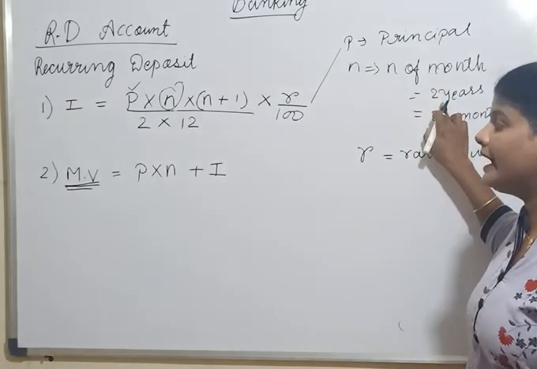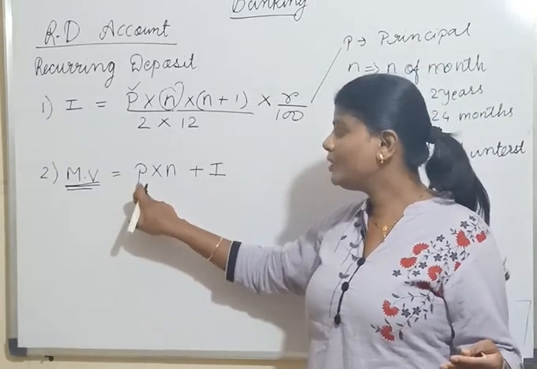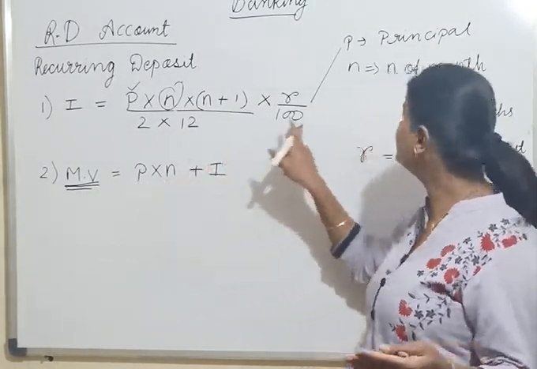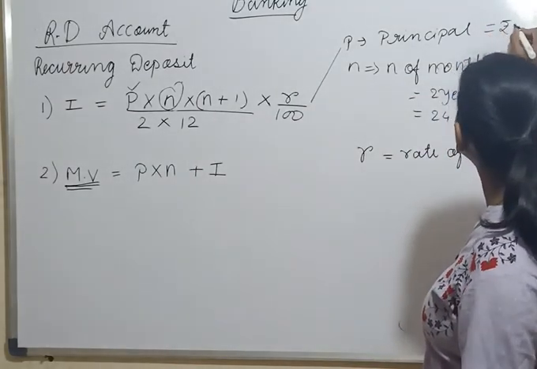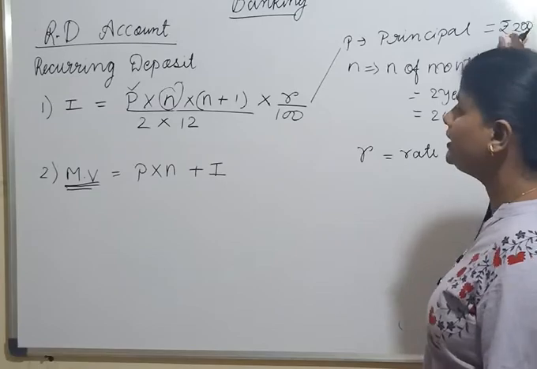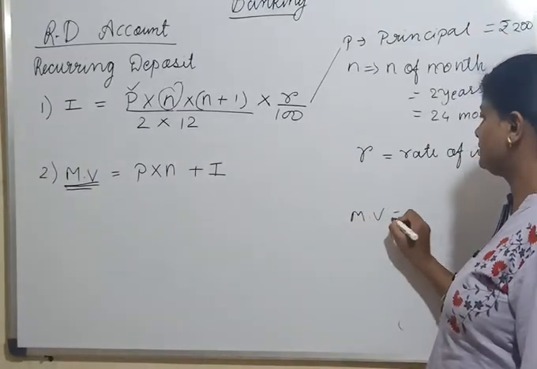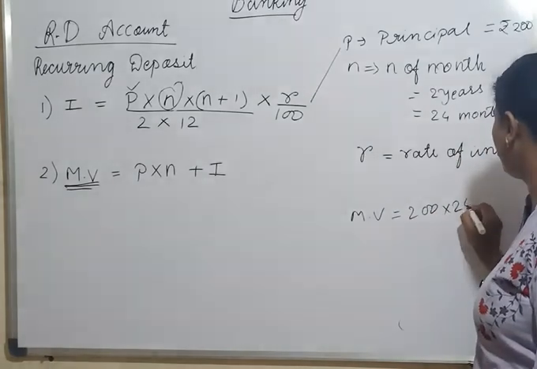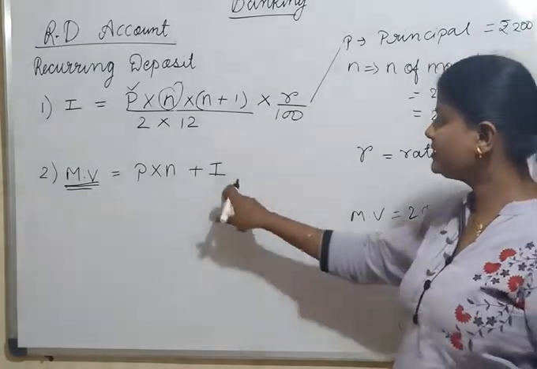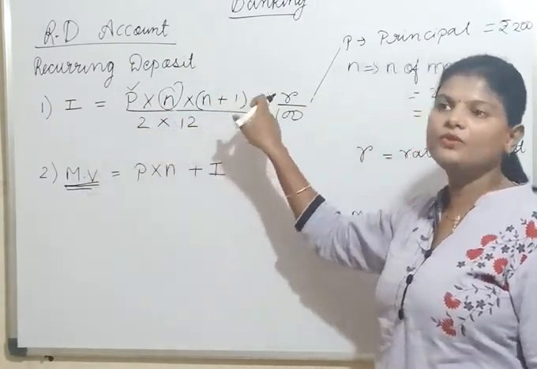At the end of the 2 years, what amount will you get? Your principal amount is rupees 200, your number of months is 24, plus interest. Interest is the profit we get at the given rate of interest.